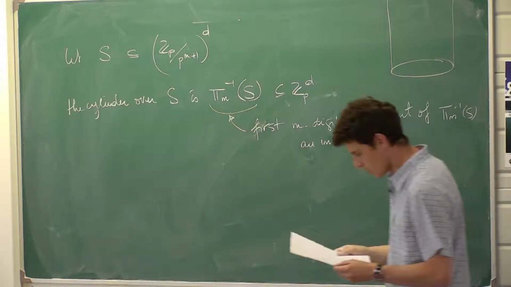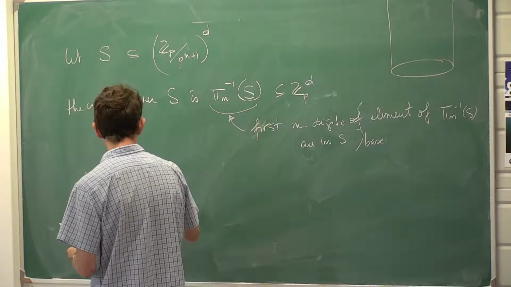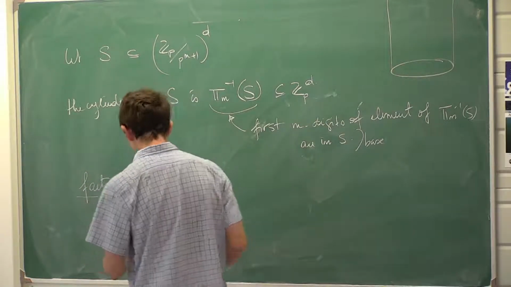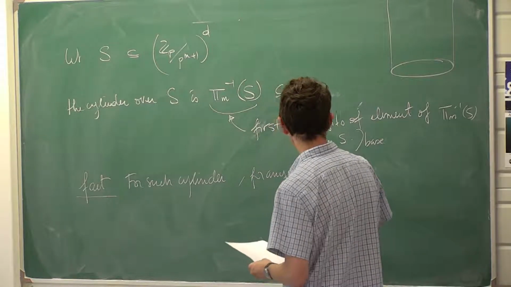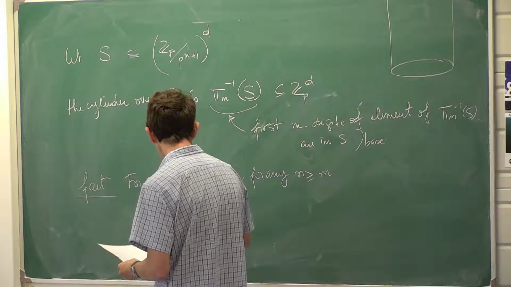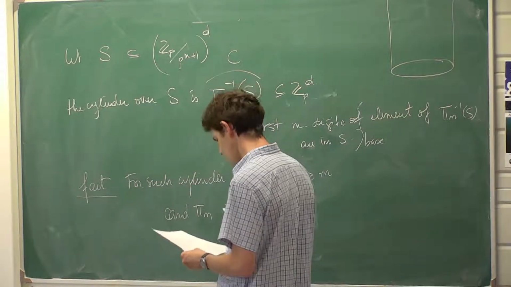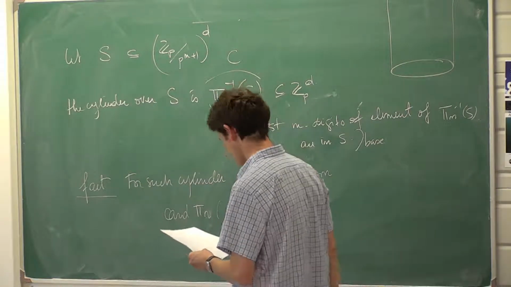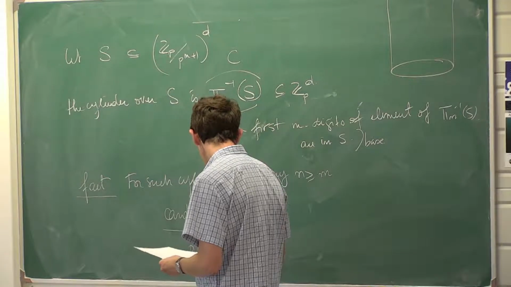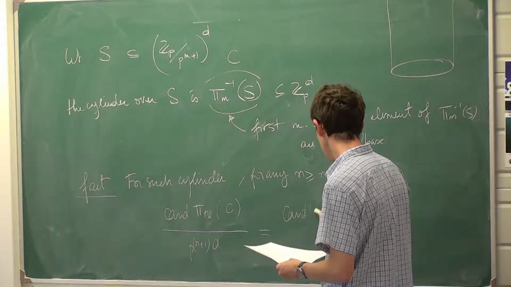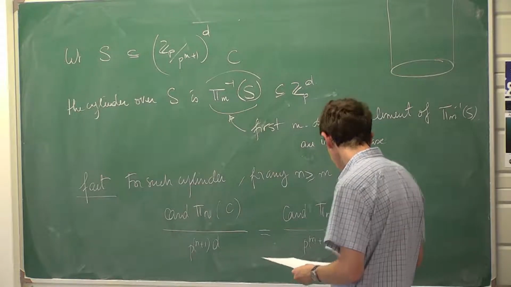Okay, and so the fact is that for such a cylinder, you can observe that for any n larger than m, let's denote this by C as a cylinder, the cardinal of the projection, the truncation of C modulo p^{n+1} divided by p^{(n+1)d} is in fact equal to the cardinal of this.